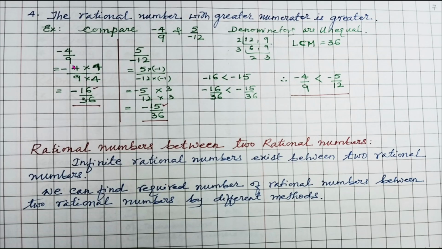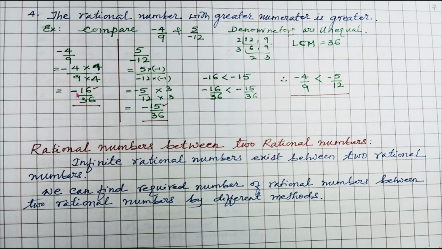But here the denominator is 9 for minus 4 by 9, and a positive 12 for minus 5 by 12. So find the LCM of 9 and 12, it is 36. So make the denominator 36. To make 36, multiply minus 4 by 4 and 9 by 4, we get minus 16 by 36, and also 12 into 3 is 36, minus 5 into 3 is minus 15.